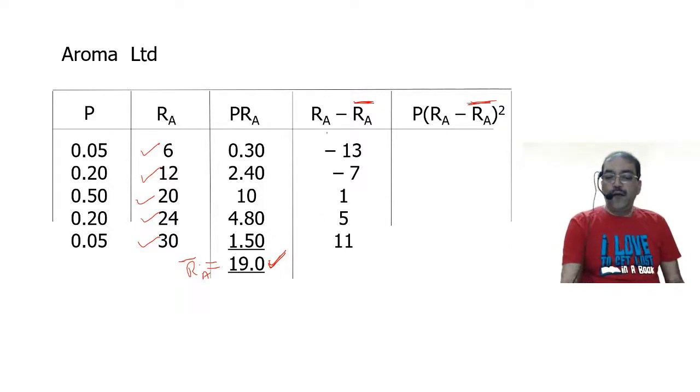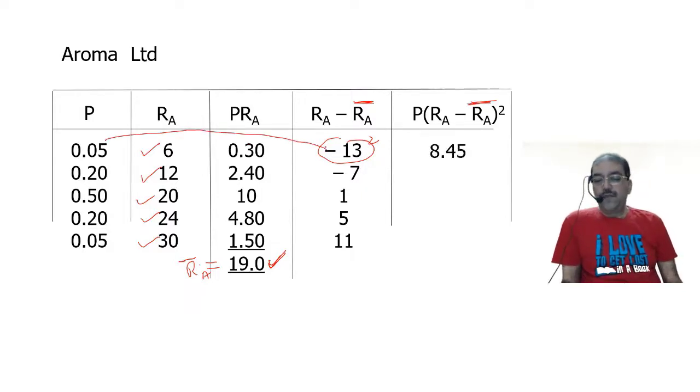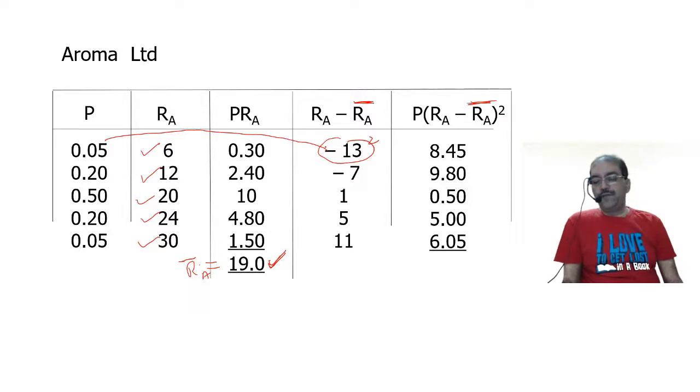Now square this: 13 squared into probability, that is 8.45. 7 squared, 49, into probability 0.2. 1 squared into 0.5. 5 squared, 25, into 0.2. 11 squared, 121, into 0.05.